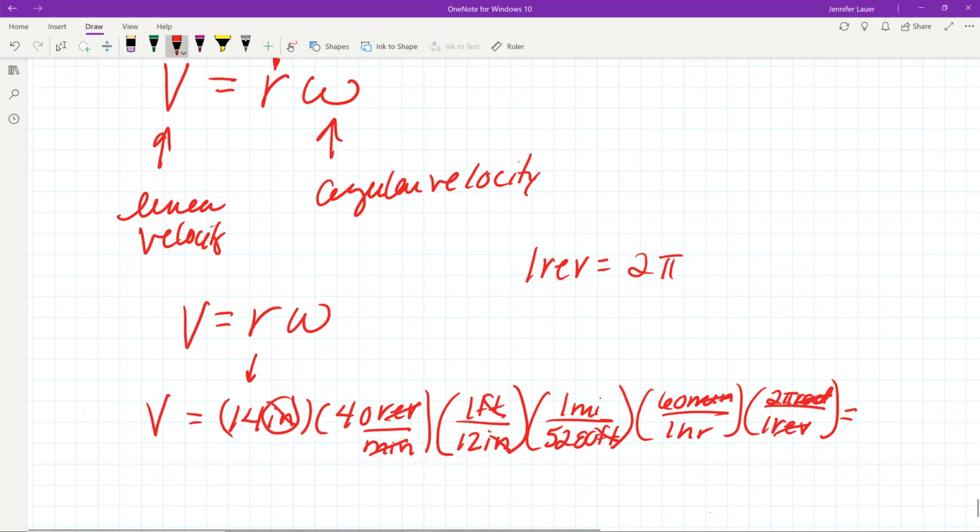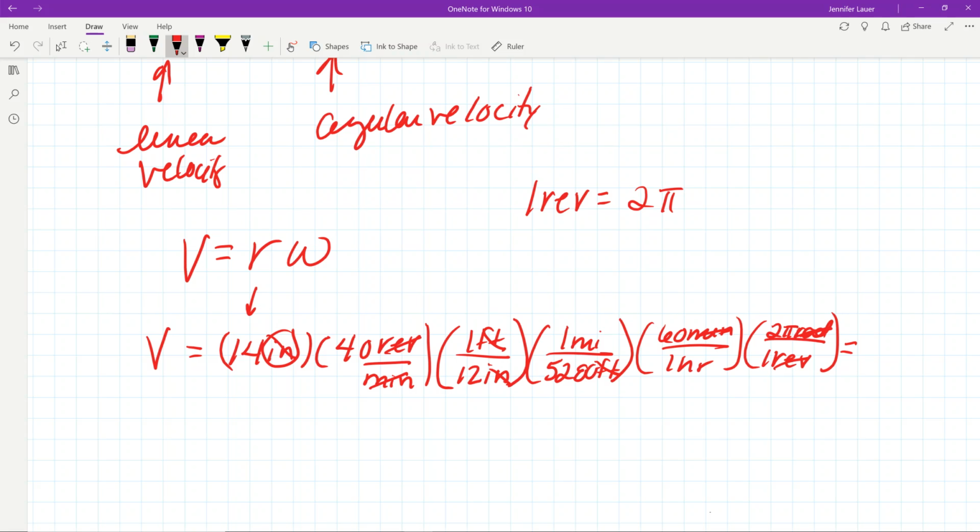The way you're going to do this is you're going to put this into your calculator, and you're going to say 14 times 40 times 60 times 2 times pi divided by 12 divided by 5,280. I like to tell people that because a lot of times people don't know how to put things into their calculator, and whenever it falls underneath this line, you hit the division key right before it.